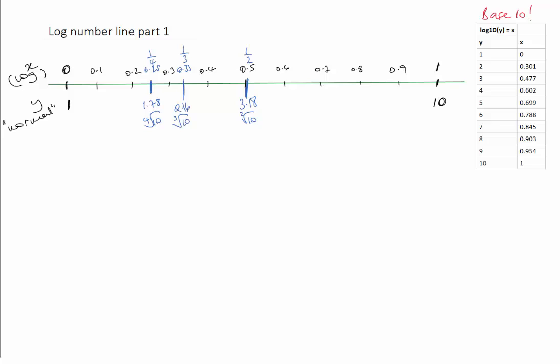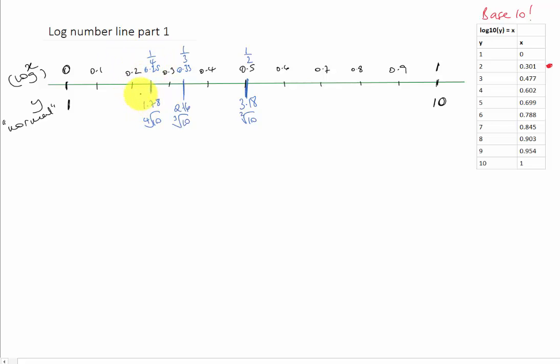Okay, so then we are going to fill in the other values we had, that log in base 10 of 2 is equal to 0.301. So now we're going from the y and we're looking to see what happens to the logarithm.